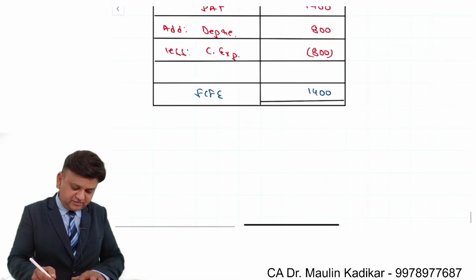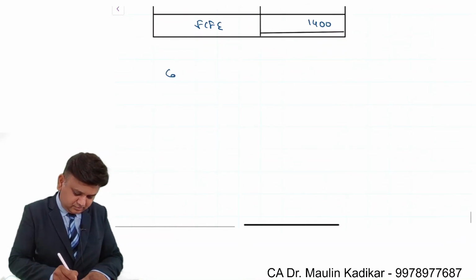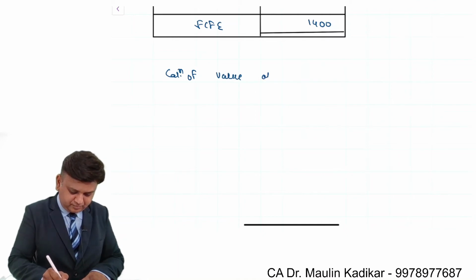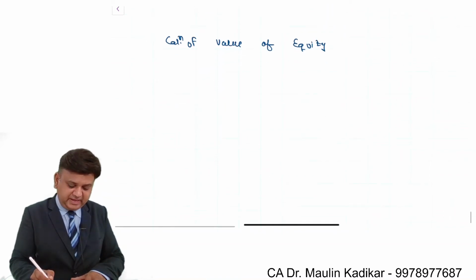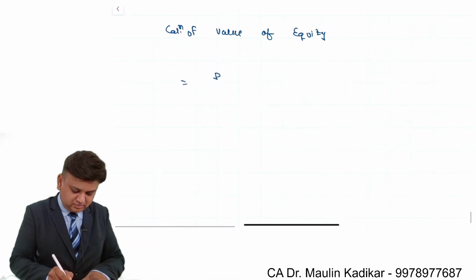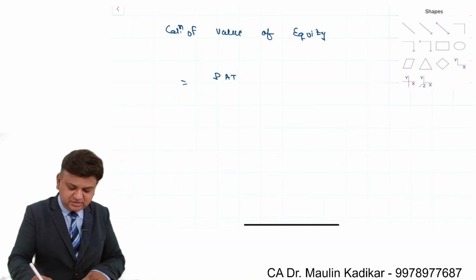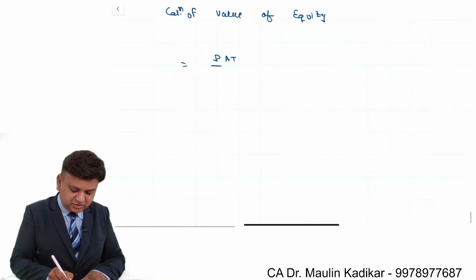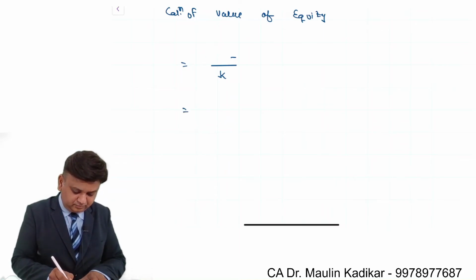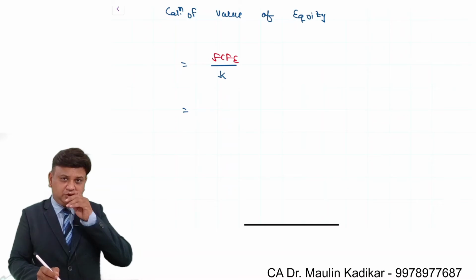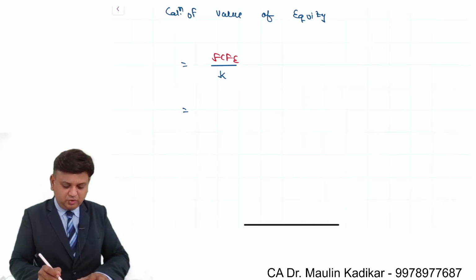Next, we understand is valuation of equity. It will be calculated as profit after taxes divided by cost of capital. I'm sorry, free cash flow for equity divided by cost of capital minus growth rate, but over here there is no growth rate information.